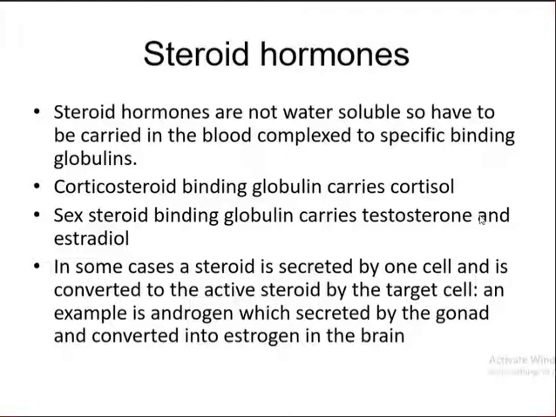Okay, and in some cases, the steroid is secreted by one cell and converted to the active steroid by the target cell. An example is testosterone, which is secreted by the gonad and converted into estrogen in the brain. Now, steroid can be transferred to active steroid in the target cell.